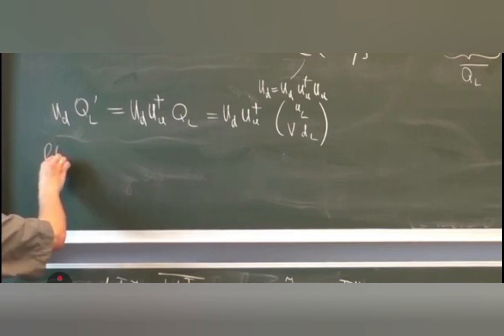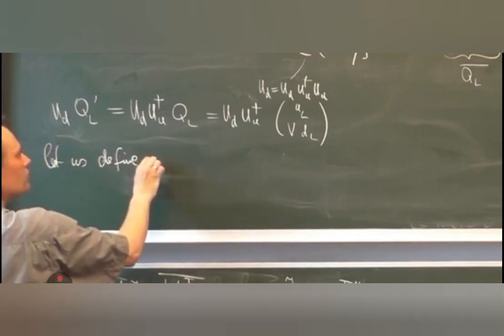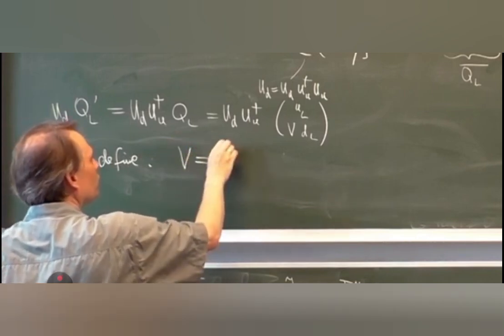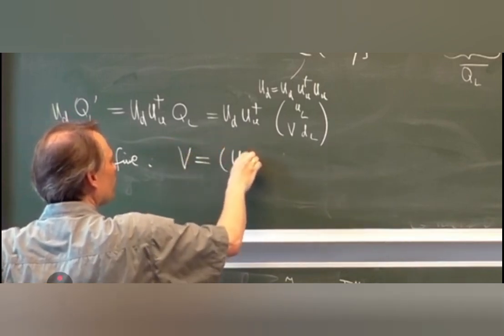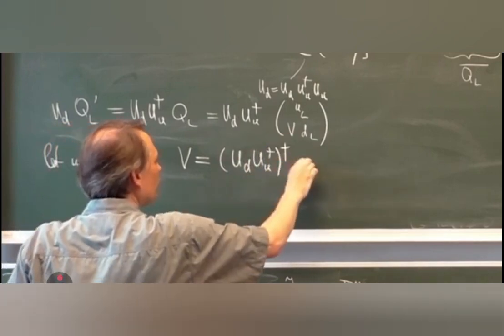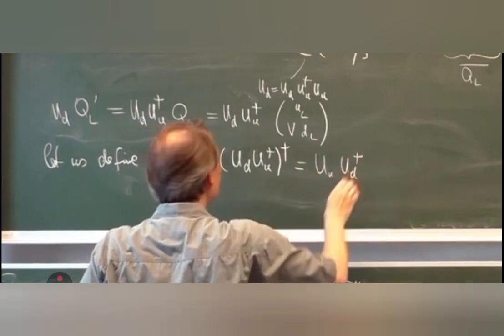Let us now define V equal the inverse of that matrix U_D U_U dagger, which is the same as U_U times U_D dagger.